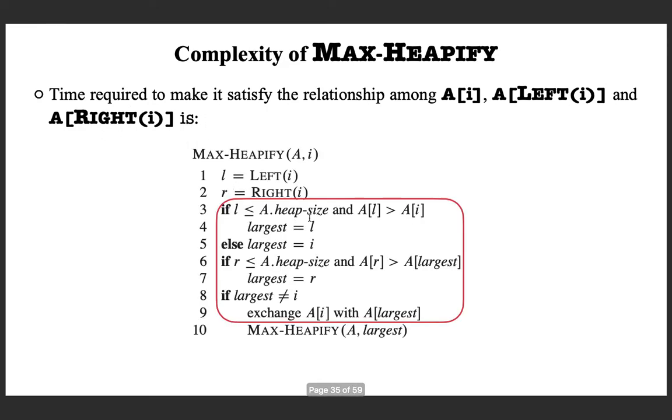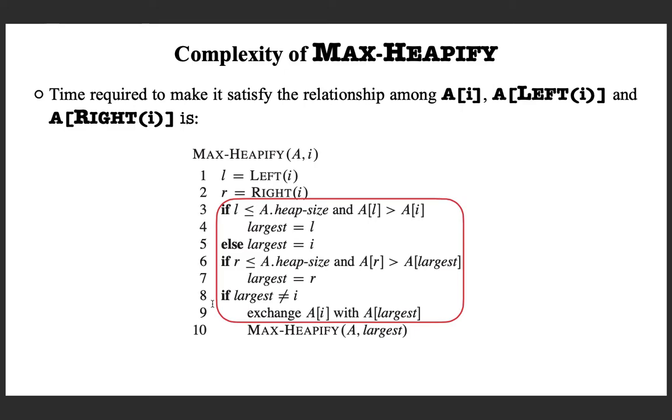So this is what we do, and you can see that you are executing only a constant number of instructions. It is not going to depend on the size of the array. It's only looking at its left child and its right child, and then it rearranges if required, and that is what you do from statements 3 to 9.